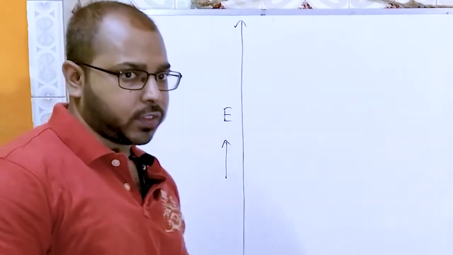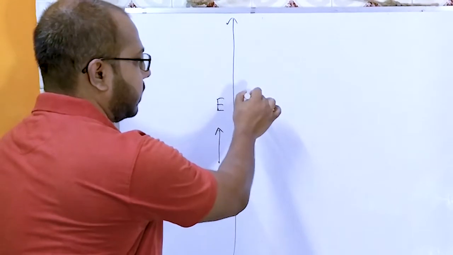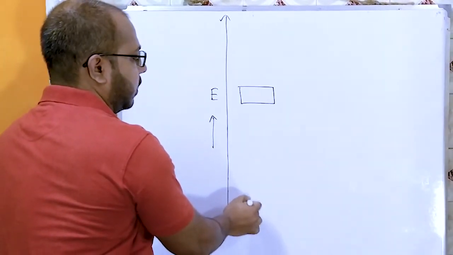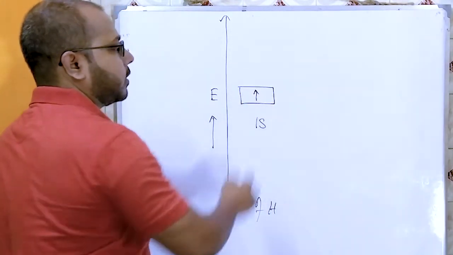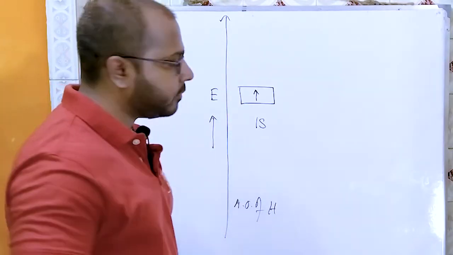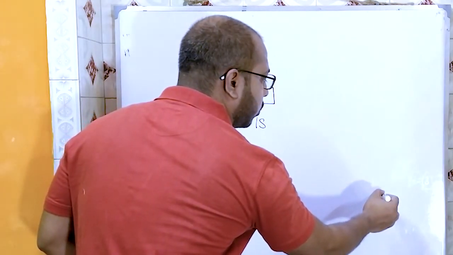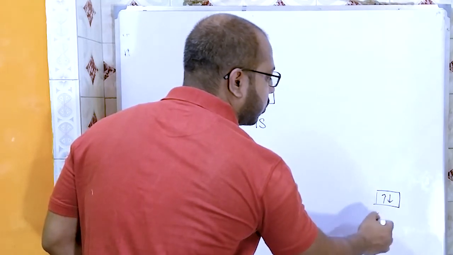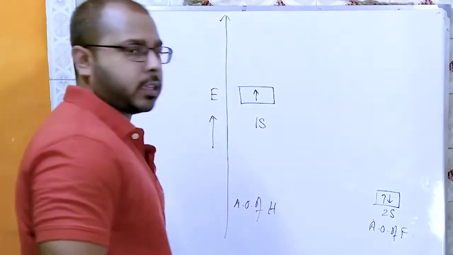So this is energy, not to scale, the y-axis is energy, and you can see here the atomic orbital of hydrogen, the 1s orbital, 1s1, and for HF, fluorine 2s2 atomic orbital is there.